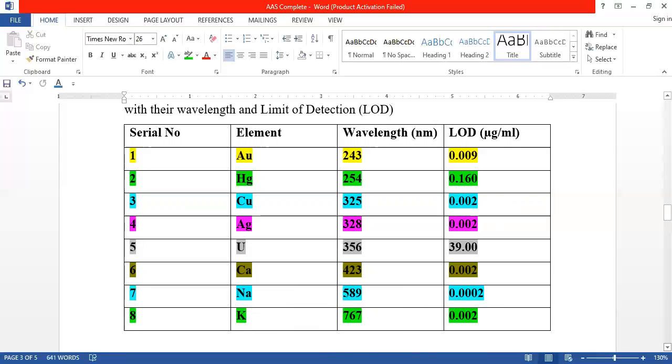So these are some examples which can be analyzed by atomic absorption spectroscopy with their wavelength and limit of detection.